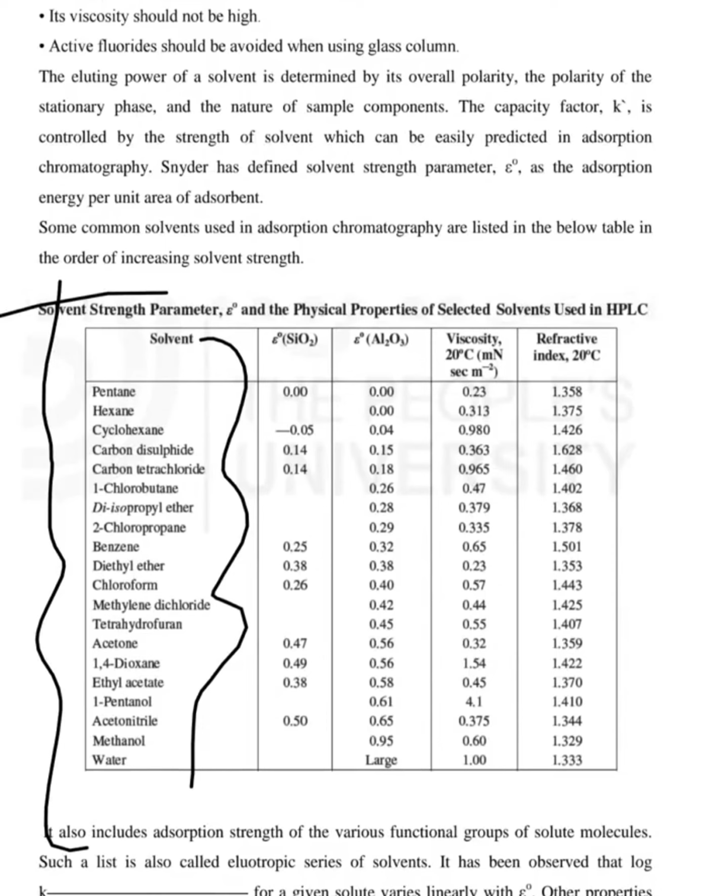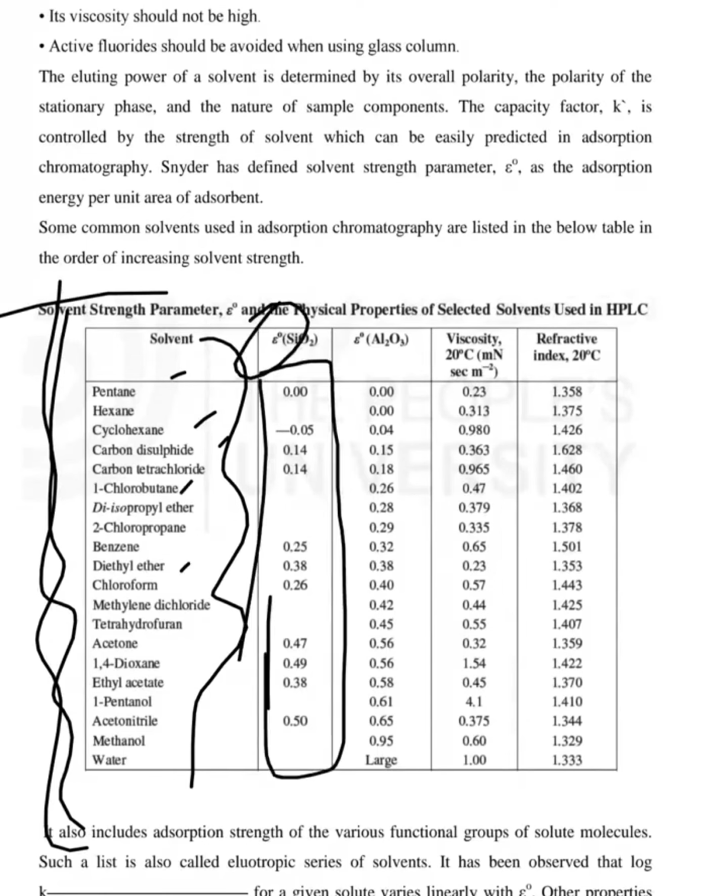Depending on the samples, we use different concentrations. Here epsilon naught is the vacuum permittivity, showing how much permittivity it has, for SiO2, silicon dioxide, and for aluminum oxide.